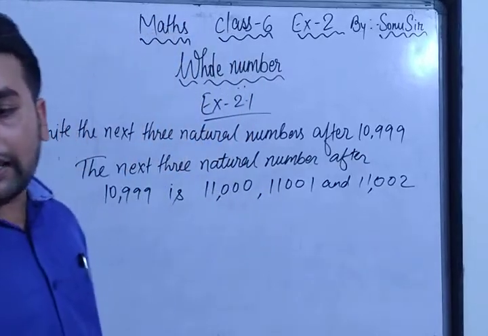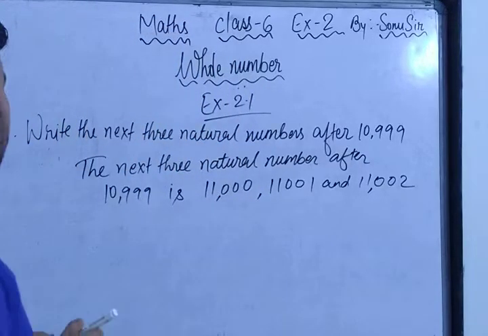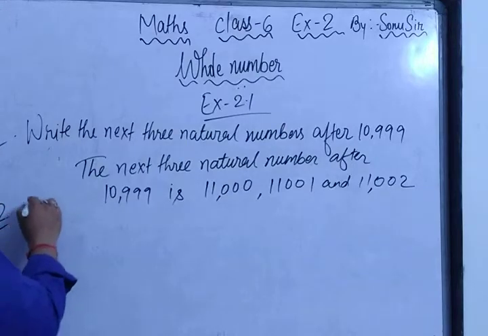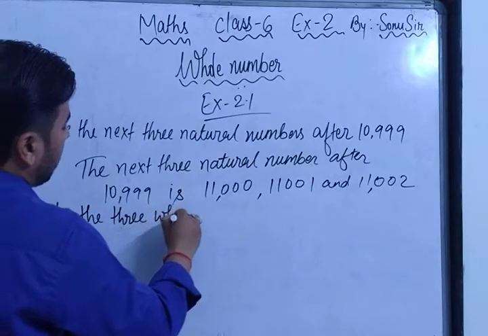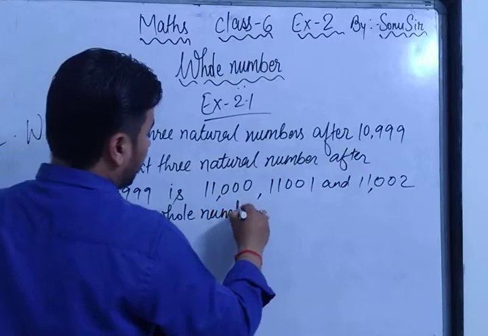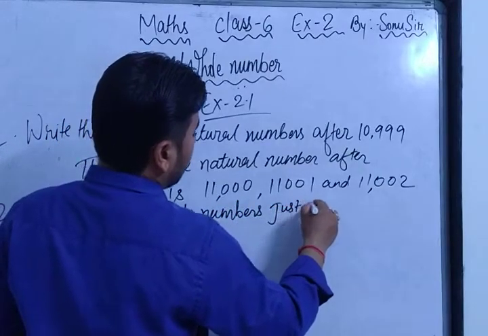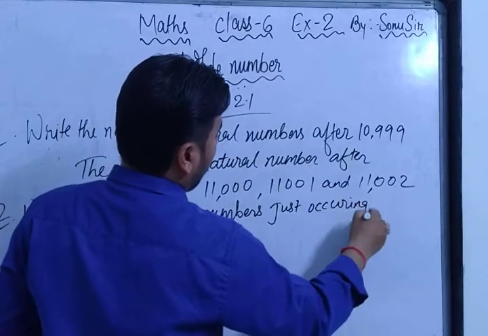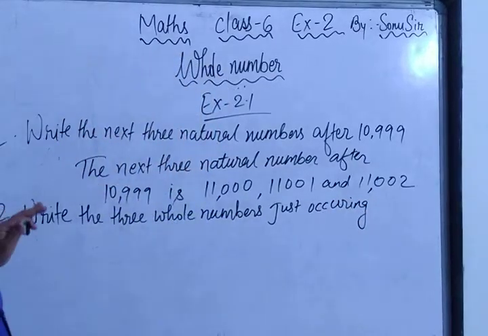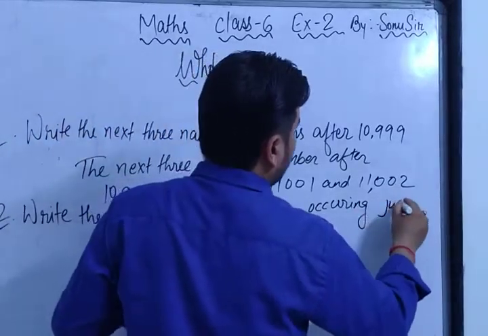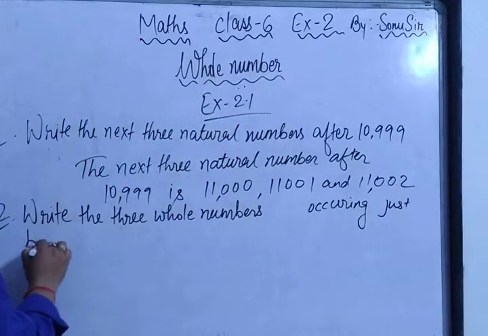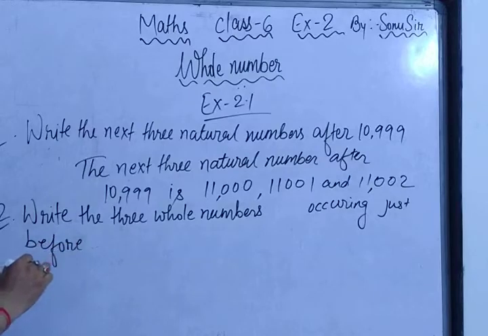So question number 2 is: write the 3 whole numbers occurring just before 10,001.